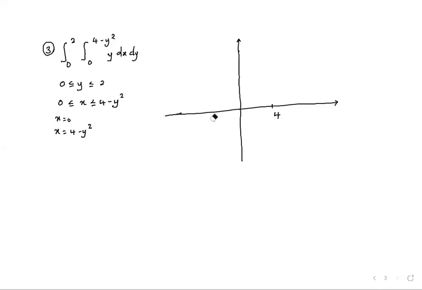Then, when x is 0, we have 4 minus y squared equal to 0, which is y squared equal to 4. So y is plus or minus 2. So this curve is going to come this way, from negative 2 to positive 2.